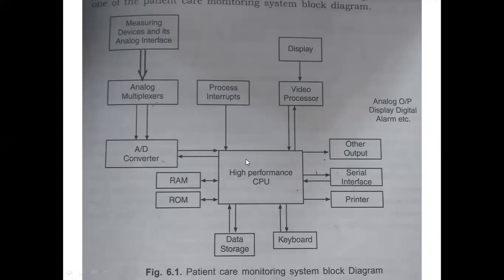This high performance CPU is connected to RAM, ROM, data storage and keyboard, and similarly we have process interrupts. While measuring, some process interrupts will occur, and those will also be processed. Here we have a video processor. After getting the information from the measuring devices and producing the corresponding signals, that processing will also be given to the video processor.